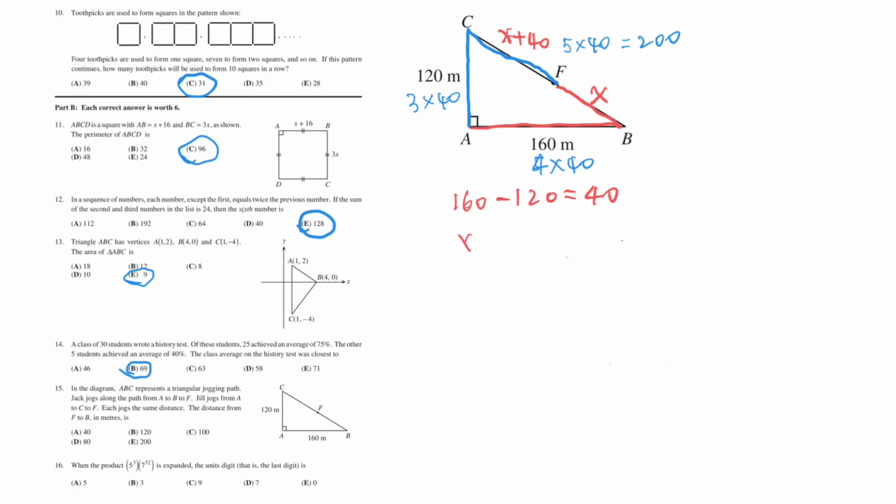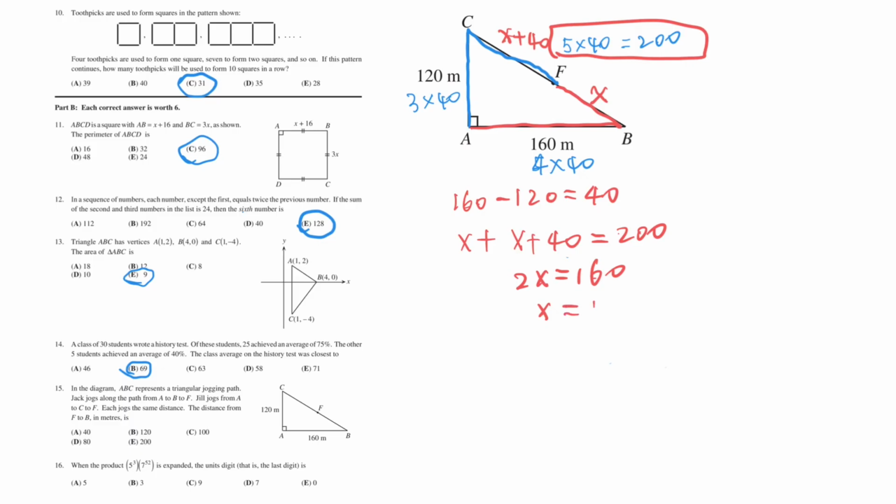Now x plus 40 equals BC, which we already found using the Pythagorean triple: 200. So 2x equals 160, x equals 80. So that's the answer D.